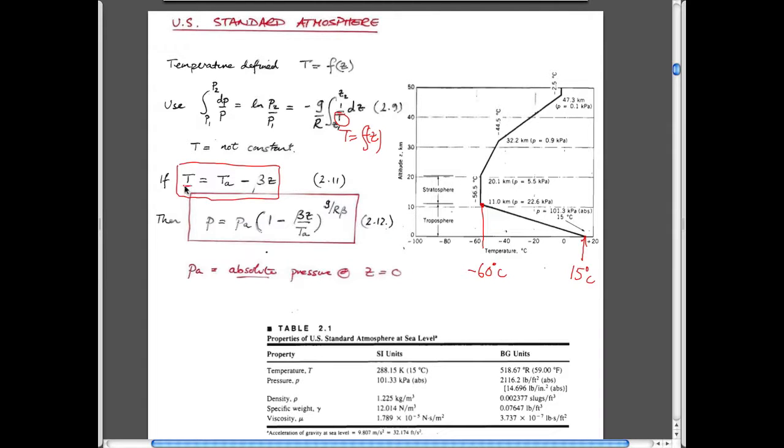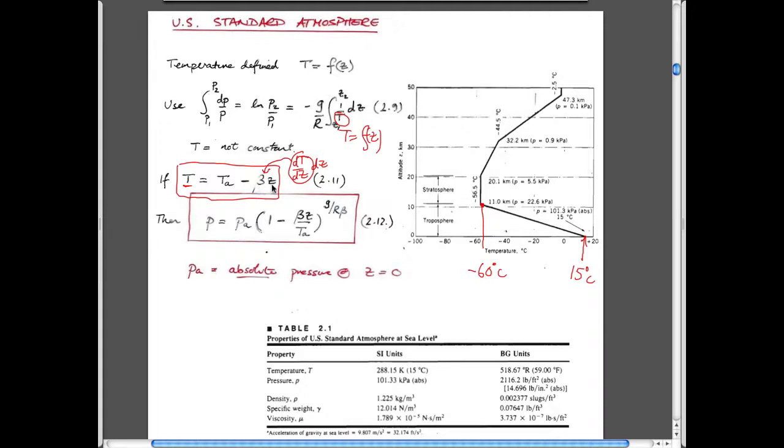The temperature at any elevation is the temperature at sea level minus the elevation times some factor. Since this is a temperature, this factor, beta, would have to be the change in temperature with elevation, dT/dz, because the units have to match up.